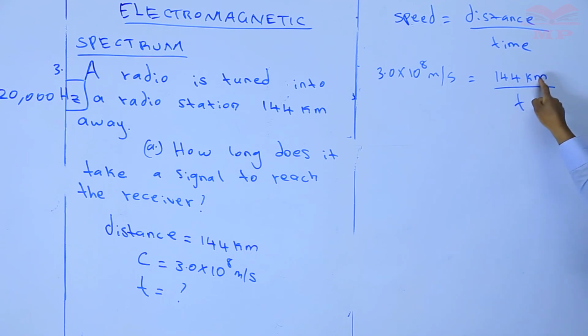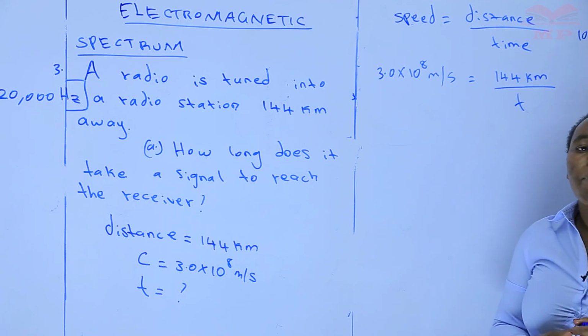And since here we have kilometers and here we have meters, we need to convert this distance into meters. We know very well that 1,000 meters make 1 kilometer. So when we have 144 kilometers, we simply multiply by 1,000 to get 144,000 meters.